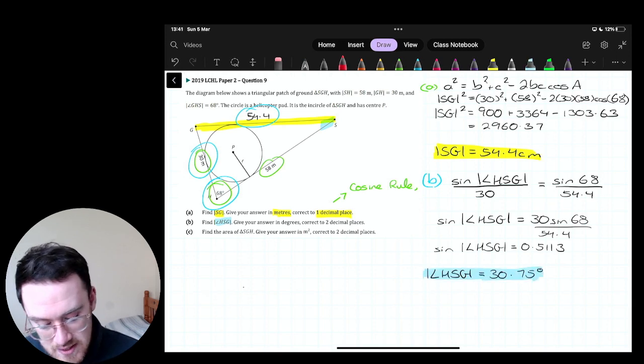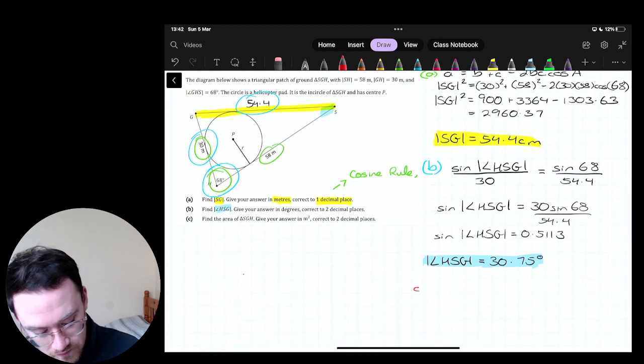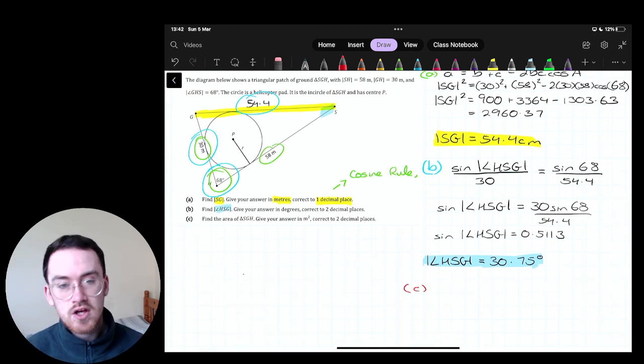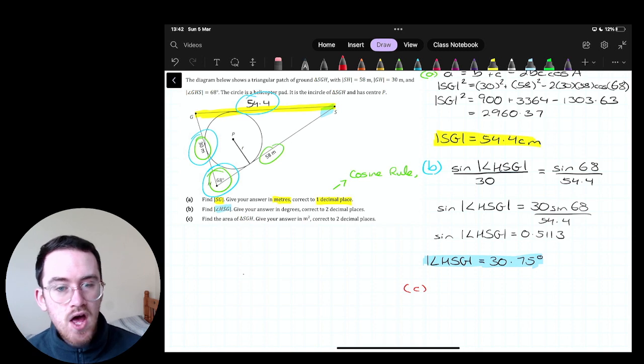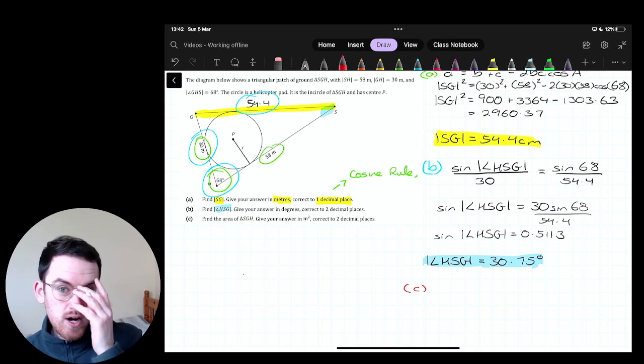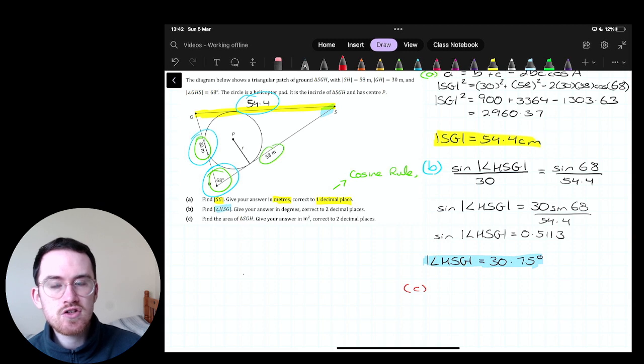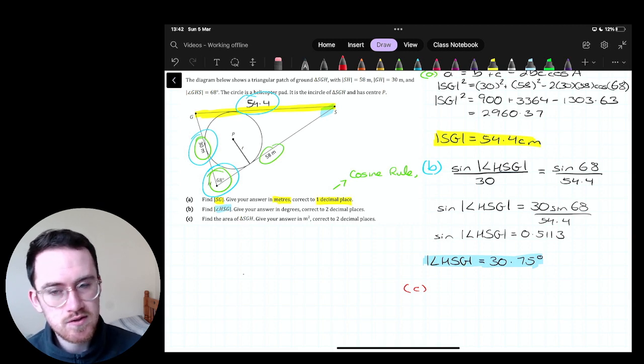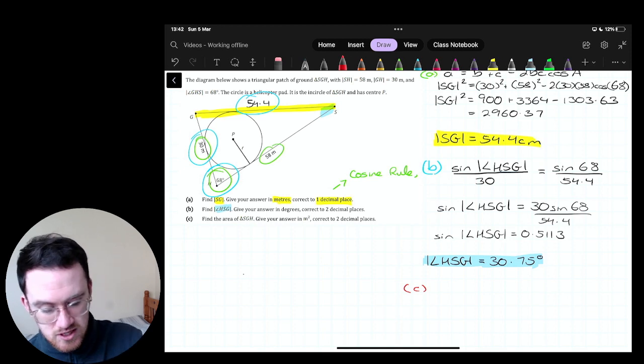The last part asks us to find the area of the triangle. So we can use any of the points we have. In an exam question, I would be inclined to use the information that they gave you. That's just personal preference, but just in case you've made a mistake in any of the parts, even though that will obviously be considered in terms of marking, I would tend to use the information that you're given.